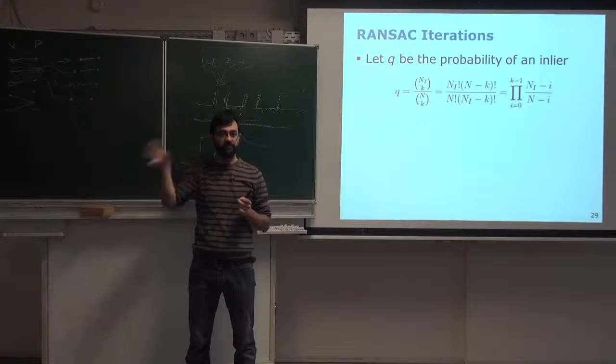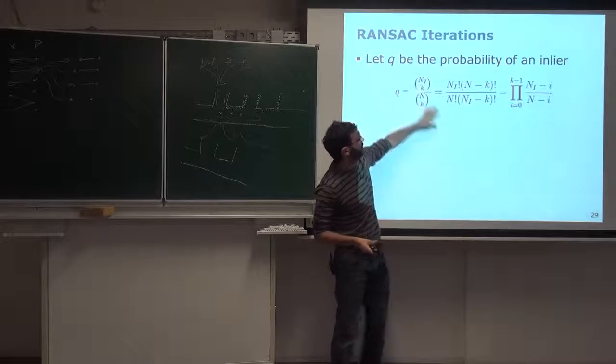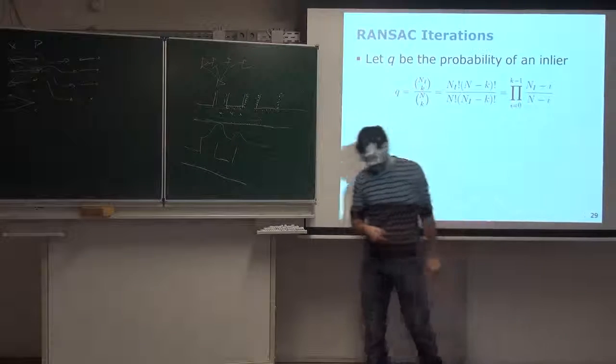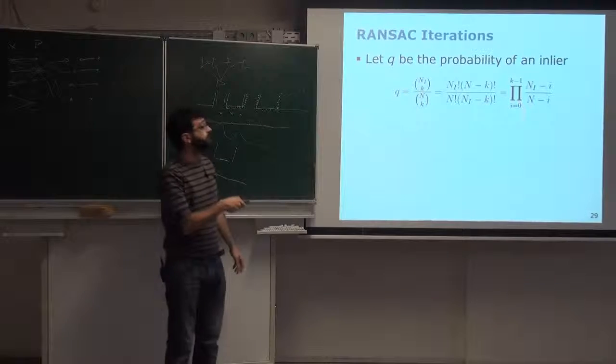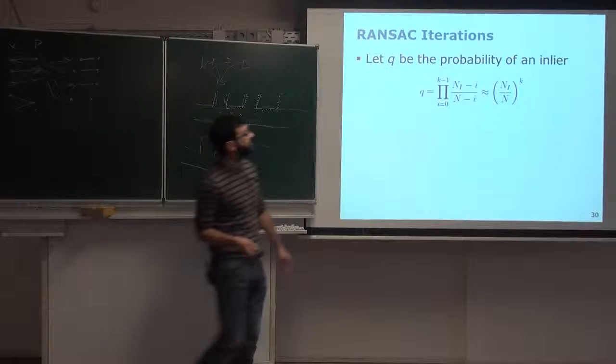Okay, so that's the reasoning behind that. If you just expand this, you end up that this is the real formula for getting this Q, but we can actually approximate it.